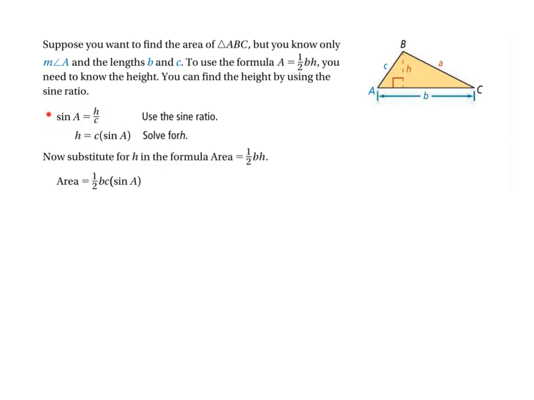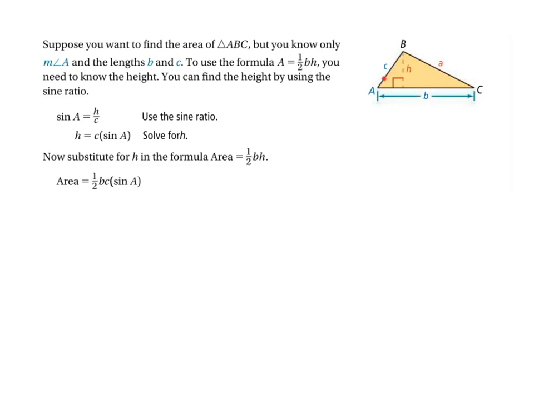Now solving for h, you just multiply both sides by c, and you say h is equal to c times the sine of A. So if you substitute that in for 1/2 base times height, you get the area is equal to 1/2 b times c times the sine of A. That's because c times sine of A is equal to the height, which we just did there.